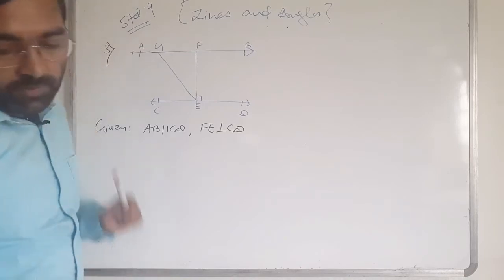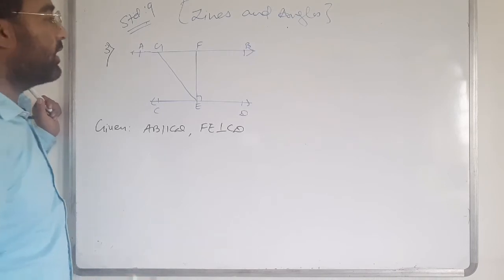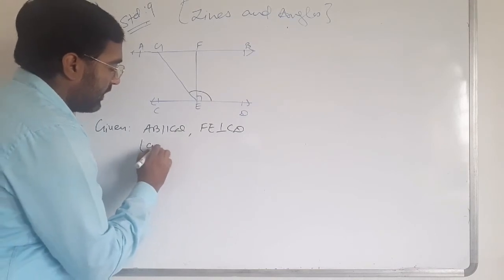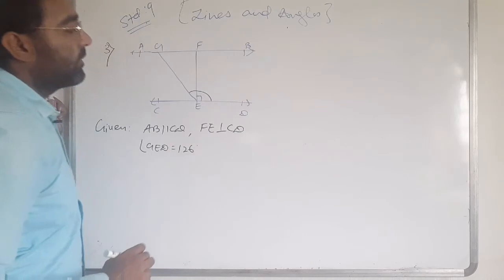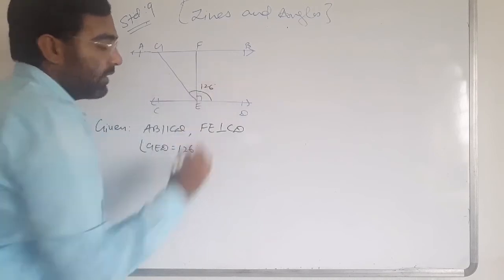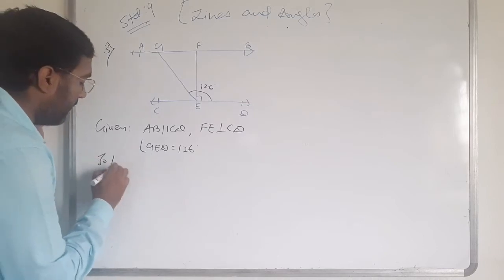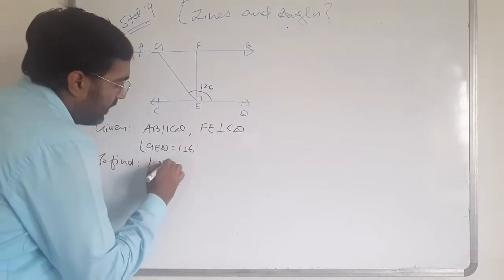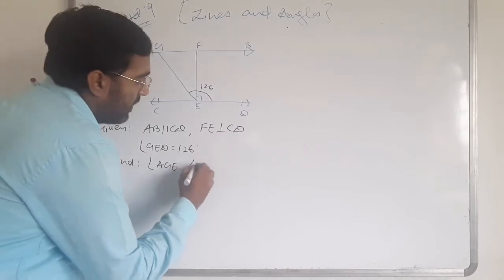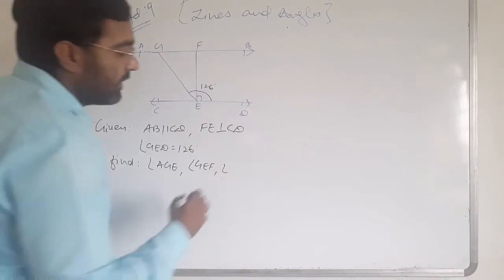Third, angle GED, this whole angle, is given equal to 126 degrees. We have to find angle AGE, second angle GEF, and third angle FGE.